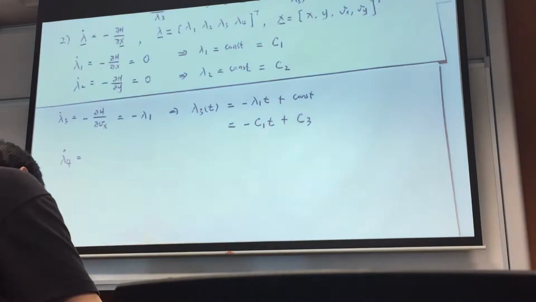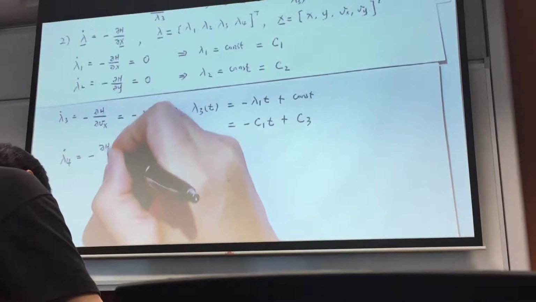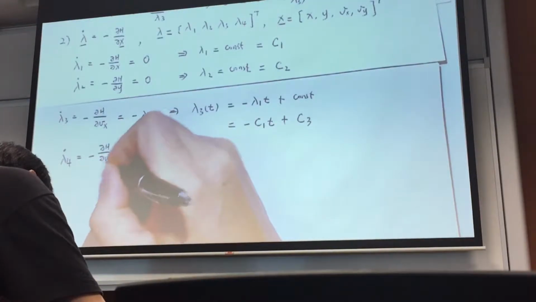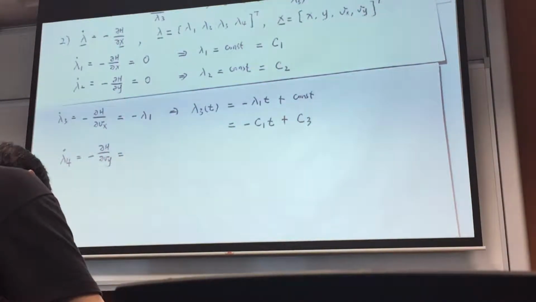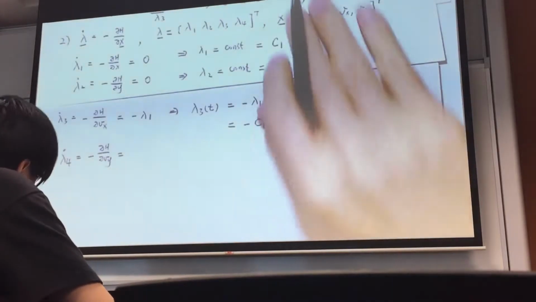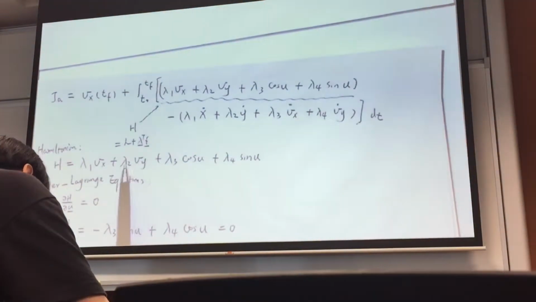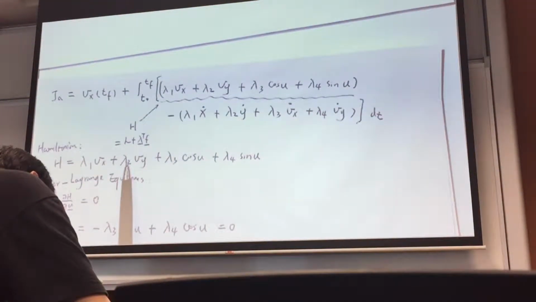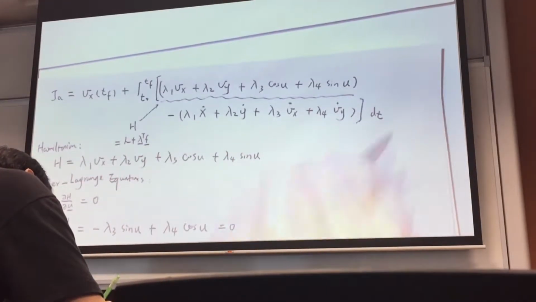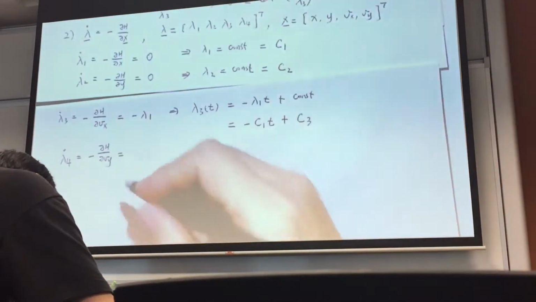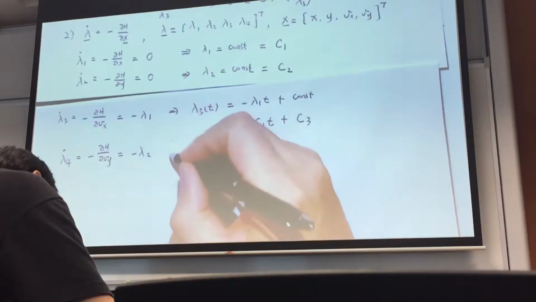Lambda 4 dot equals minus dH/dvy. The dH/dvy we know just gives us lambda 2, so this equals minus lambda 2.